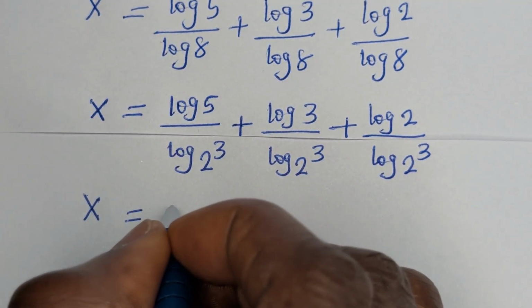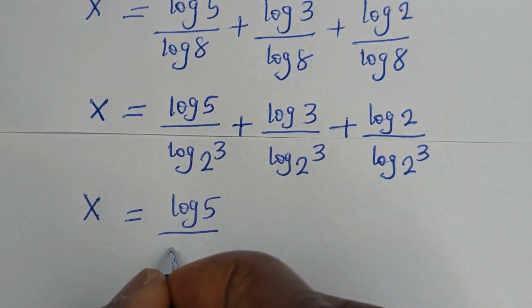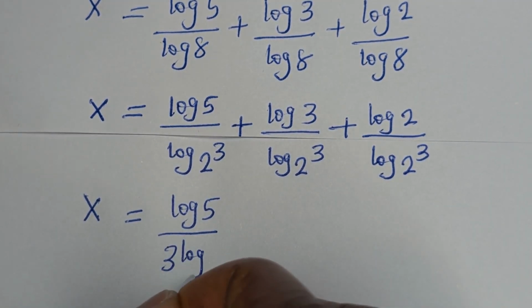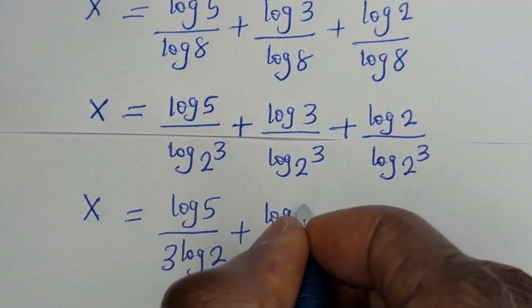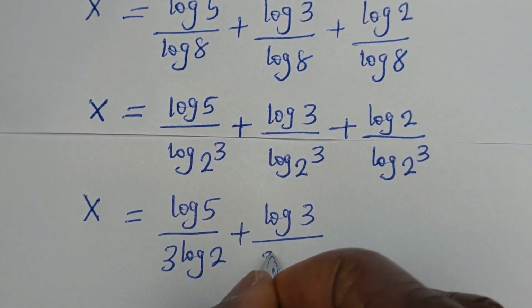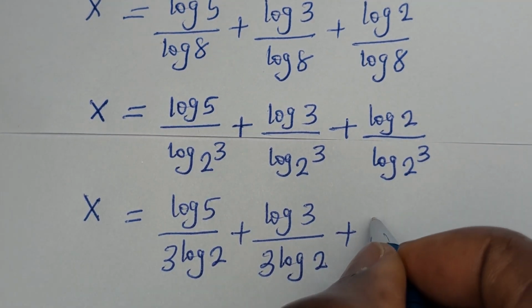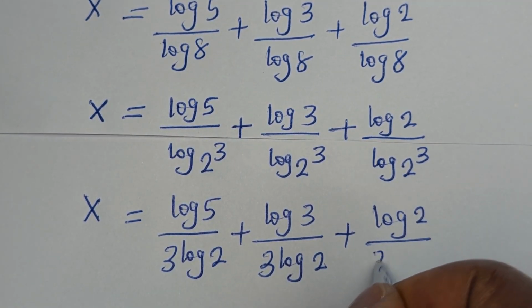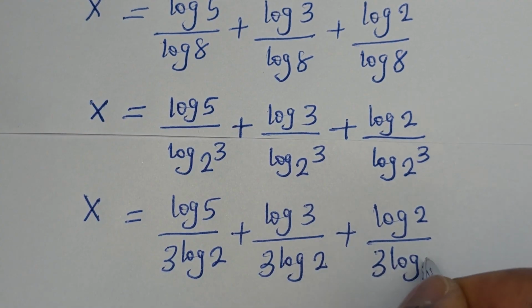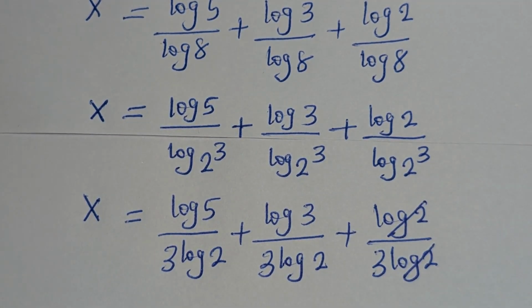S is equal to log 5 divided by 3 log 2 plus log 3 divided by 3 log 2 plus log 2 divided by 3 log 2. This log 2 cancels this log 2.